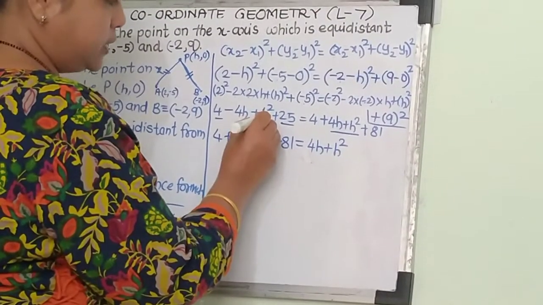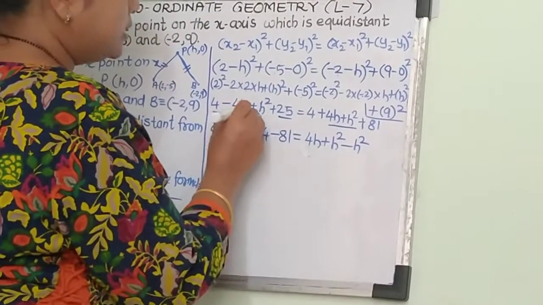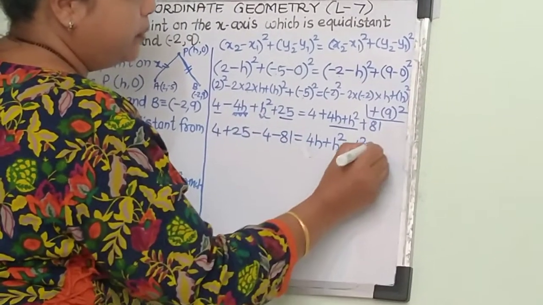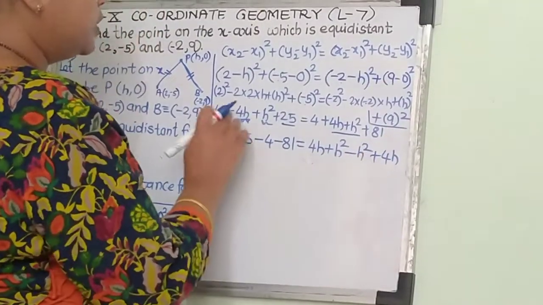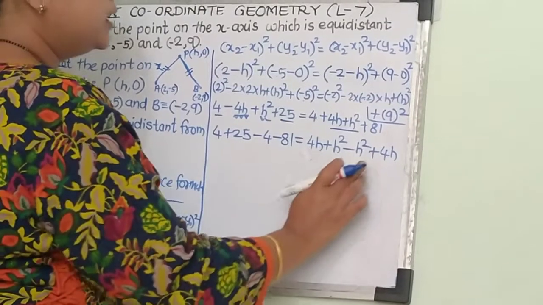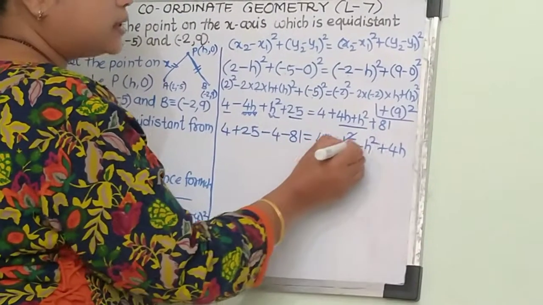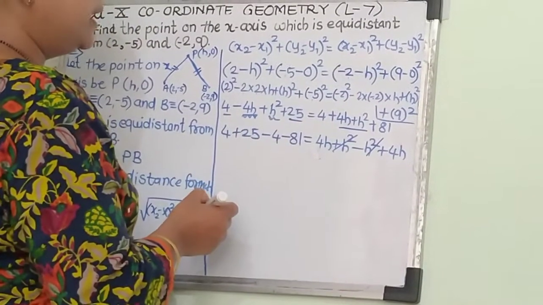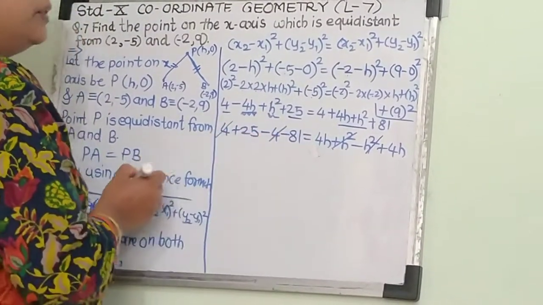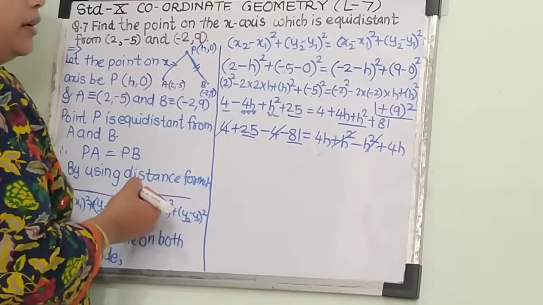Now this h square will go to this side, it becomes minus. This 4h also we are going to move to this side, it becomes plus, because here minus, when you shift it will come as plus. Now what happened here? Plus h square minus h square will get cancelled. Here plus 4 minus 4 will get cancelled. Now 25 minus 81.